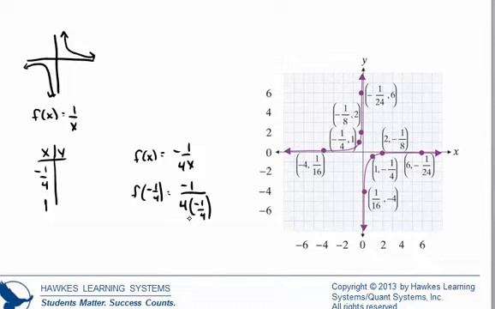We know that 4 times -1/4, those 4's are going to cancel out, leaving me the -1 on the bottom. So -1 over -1 will be +1, and you can see that that point is plotted right here. So that gives you an idea of where you're at in terms of that side of the graph. And we can do the same thing for the 1. So we can plug the 1 in for the x, which would give us a value of -1/4. That one is here, and again, giving you an idea of what that one looks like on that side. And you can certainly do as many points as you need in order to feel comfortable with your graph.